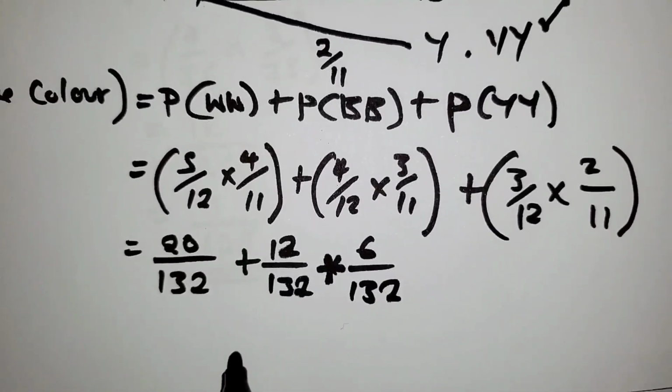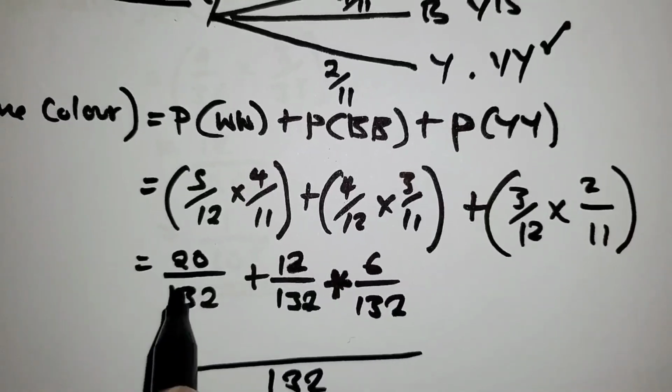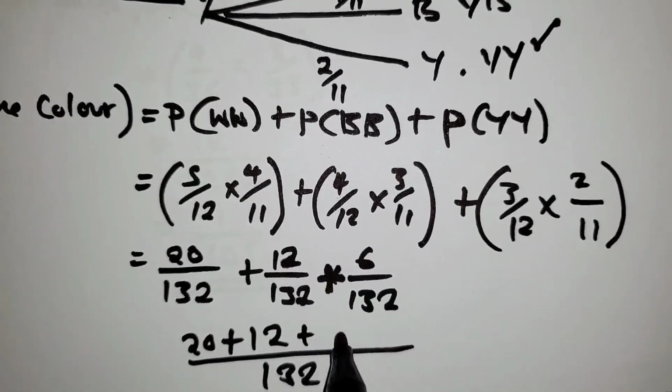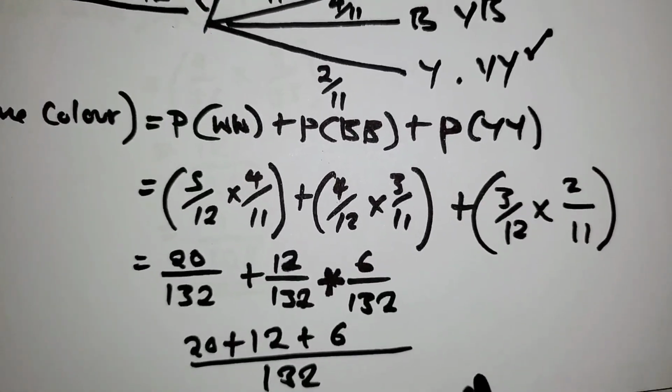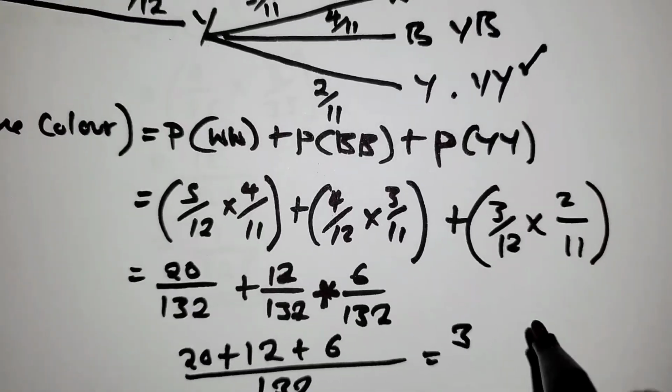So here the common denominator is 132, and we're going to add the numerators, 20 plus 12 plus 6, and after adding, we're going to have 38 over 132.